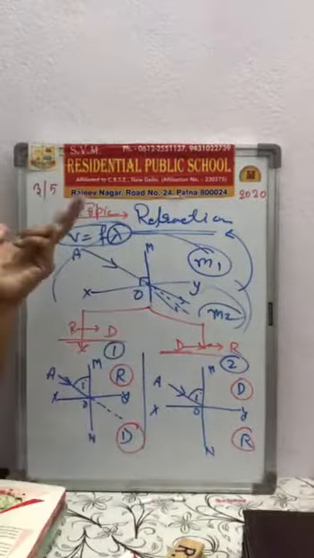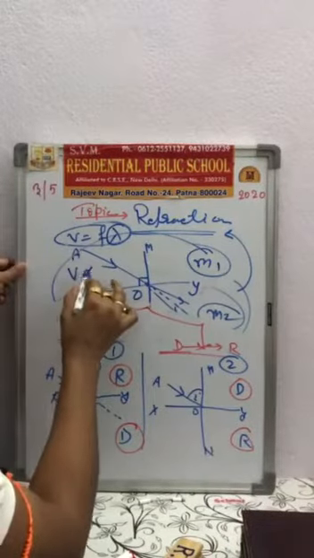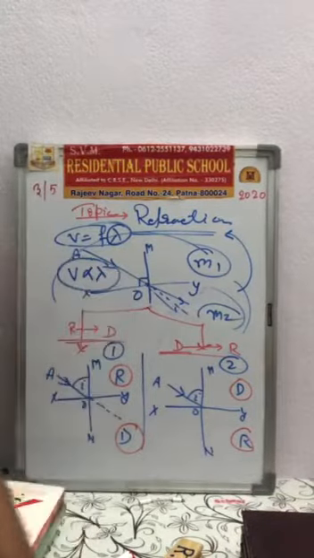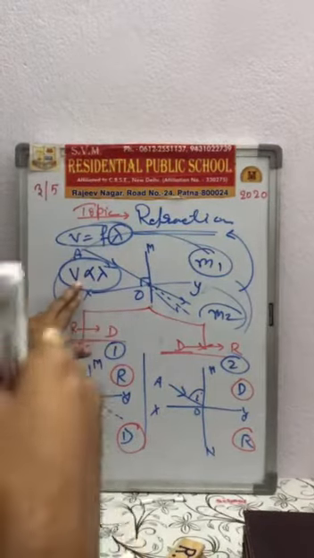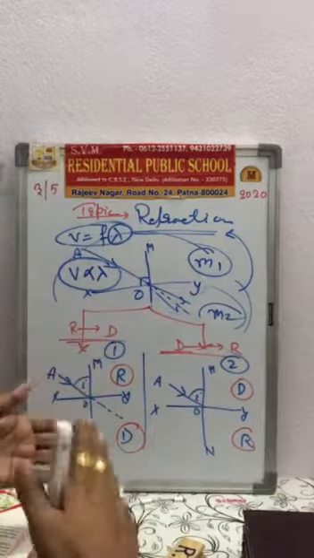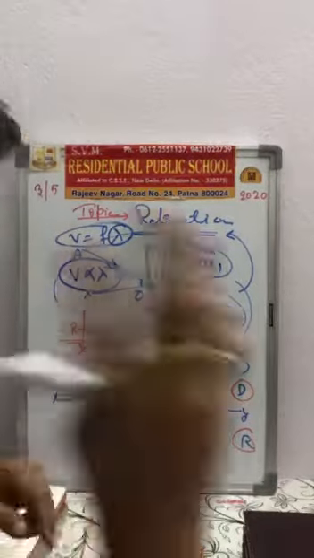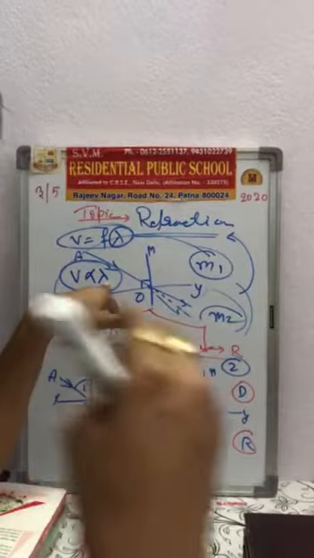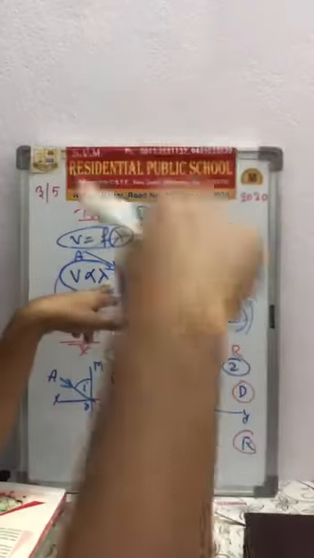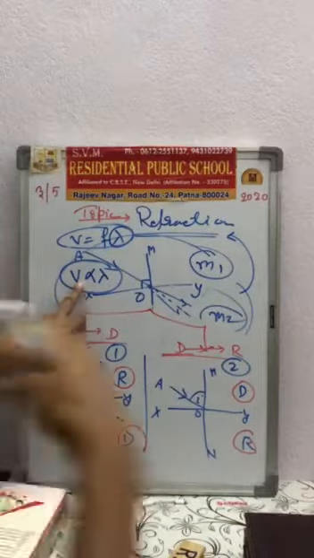Actually, wavelength changes. So V is directly proportional to lambda. If lambda changes, the speed also changes. So when light passes from one medium to another, its wavelength changes, and due to that its velocity changes.